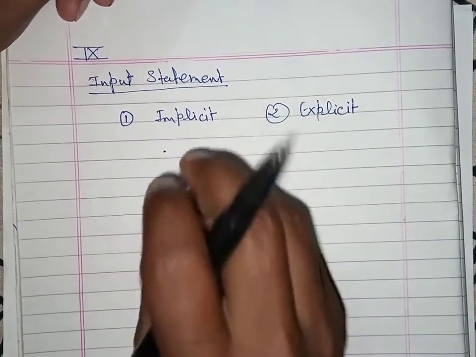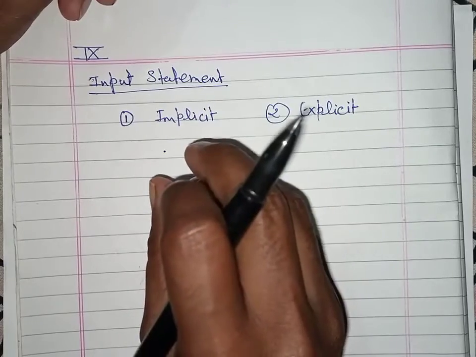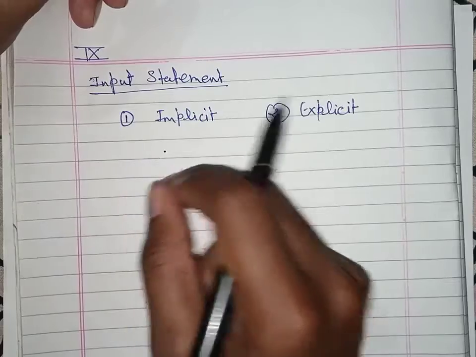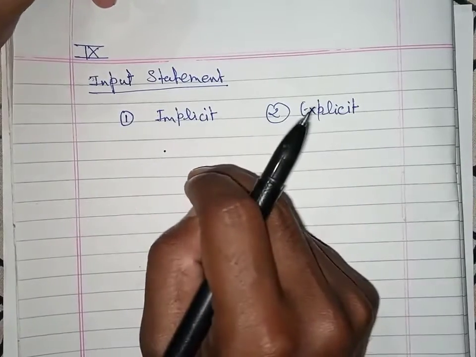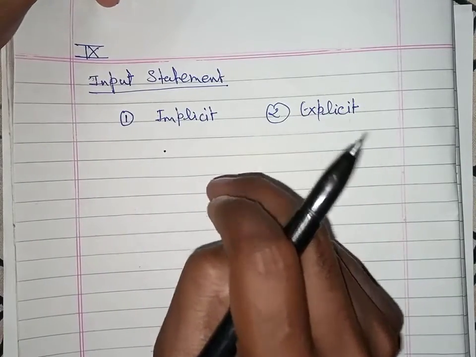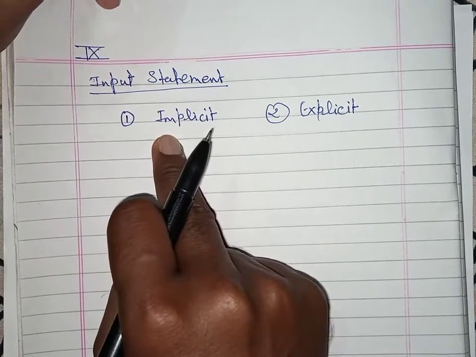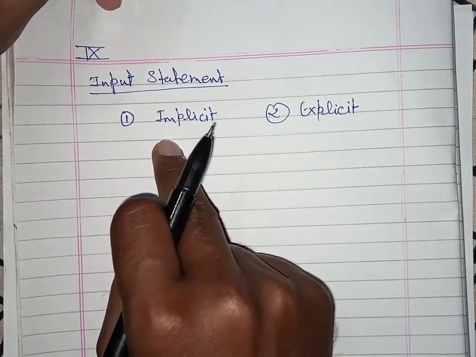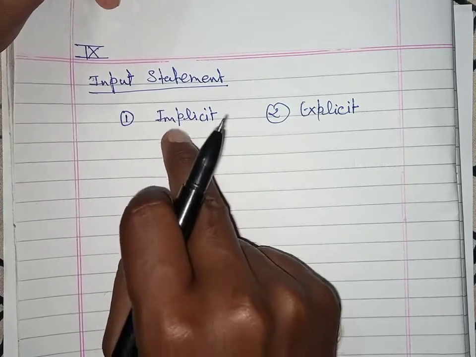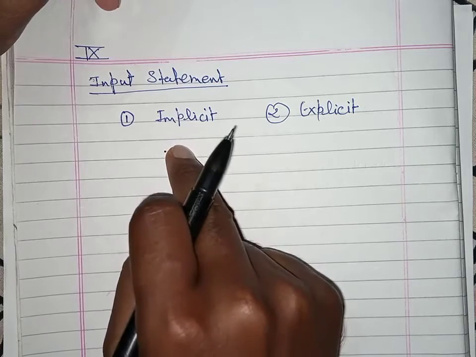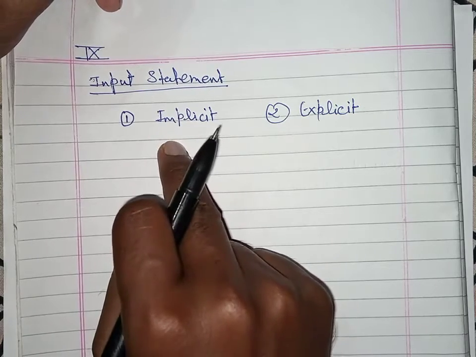If we put our value into the variable directly, or we can say at compile time, that input operation is called implicit. If we put the value into the variable directly in compilation time, that is implicit input.